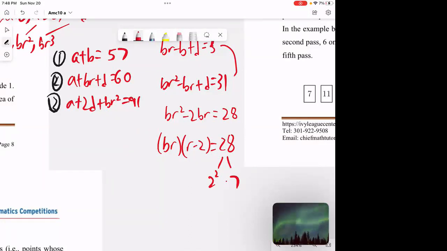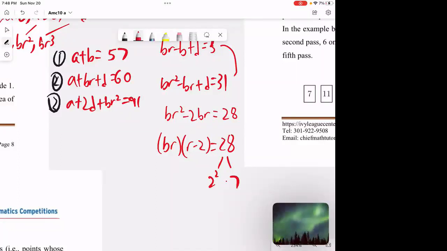So that doesn't work. How about if R minus 2 is equal to 2, so R is equal to 4. And then this one is equal to 2. So then BR is equal to 14. That doesn't work either.